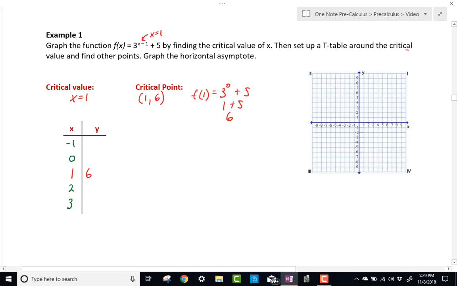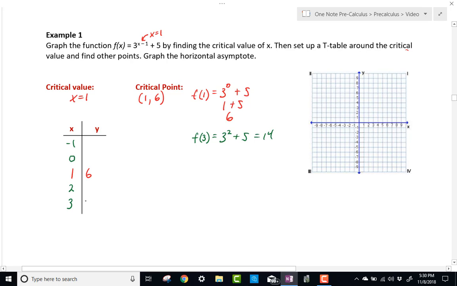Alright, so we're going to plug each one of these in. We might as well start at the bottom of the t-table. It's usually a little bit easier. F of 3. We're going to do 3 to the power of 3 minus 1, which is 2, plus 5. That's 9 plus 5, which equals 14.